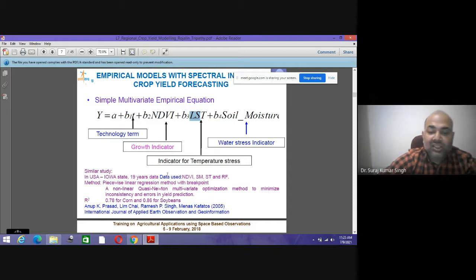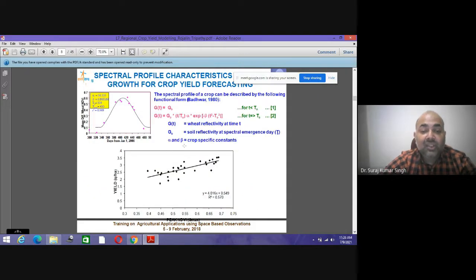So all these studies will be taken into consideration for creating various agricultural models for yield prediction, and finally we'll be correlating it, and we'll be seeing what is the accuracy of the data we have suggested. And finally you will see that there is a very strong correlation between the various models that we have created, and that can be used as a study for creation of the various spectral response curve over the different growth stages. And you can see that there is a very strong correlation in this trend line.